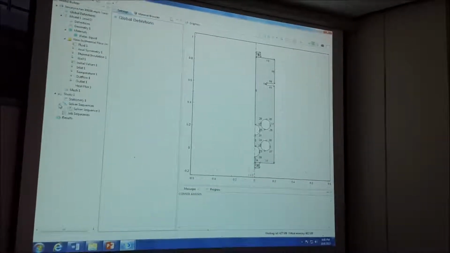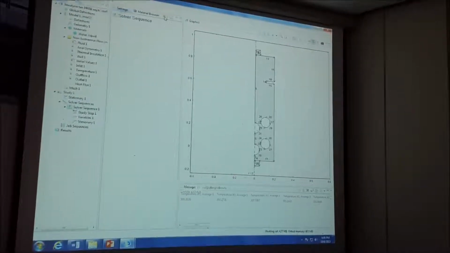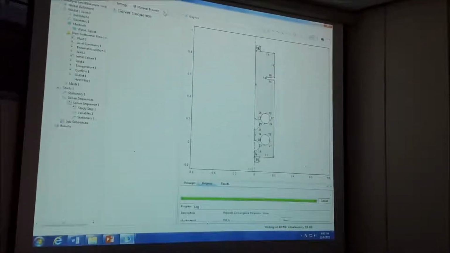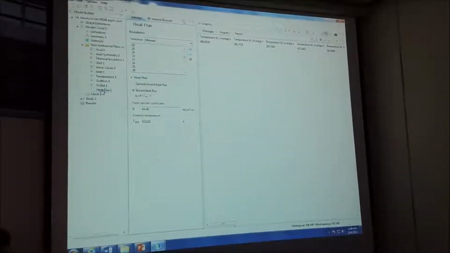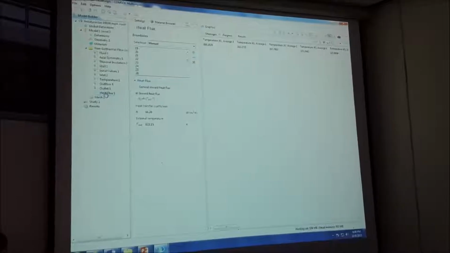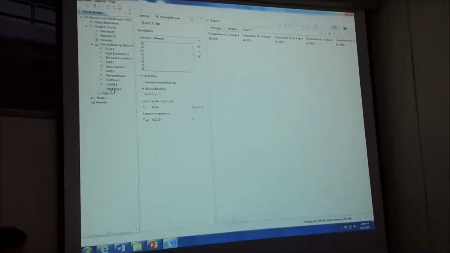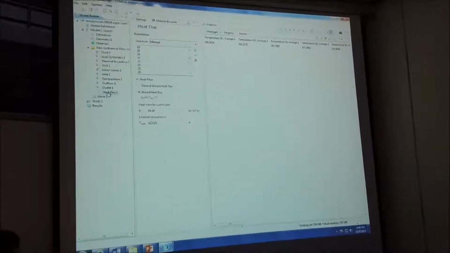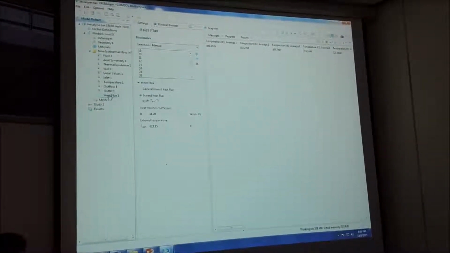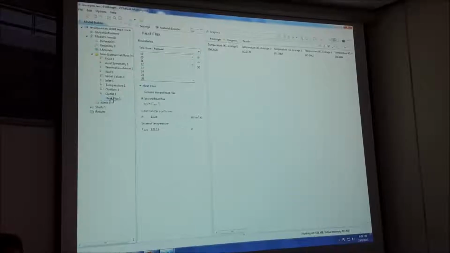Go to Study 1, Solver Sequence 1 and compute. Then finally, we need to determine the heat transfer coefficient. To get the heat transfer coefficient, we use the trial and error method. First, press Heat Flux 1 from the non-isothermal flow and trial a heat transfer coefficient value.